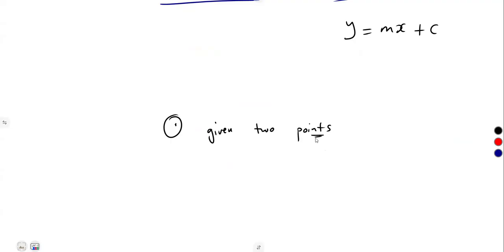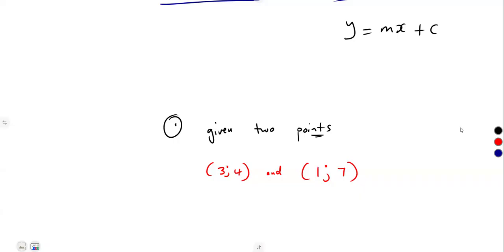Given 2 points. We saw that when you are given 2 points, 3, 4, and another point is 1, 7, like this. We saw before that we can determine the gradient from there. Okay, remember that was our previous classes that we had. Given those 2 points, you are using the gradient, change in y over change in x, if you still remember.